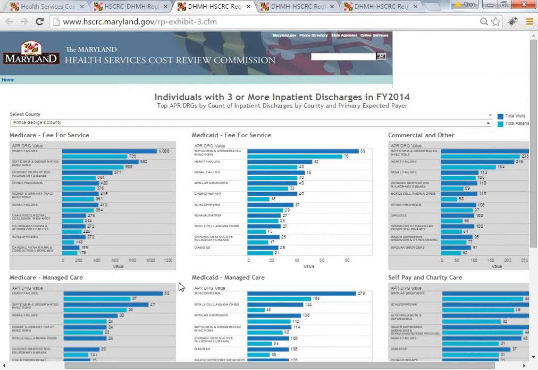So then the tables here will update, and what it shows you is that for the Medicare fee-for-service population, there were 1,066 discharges that had an APR-DRG of heart failure. And that actually represents 735 Medicare fee-for-service patients. Again, we have Medicare fee-for-service, managed care, Medicaid fee-for-service, managed care, commercial and other payers, as well as self-pay and charity.